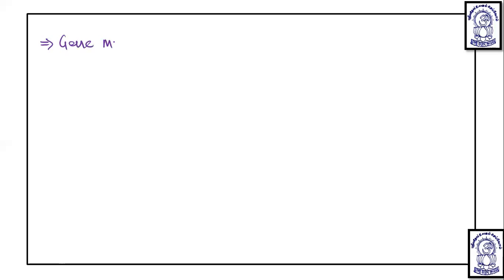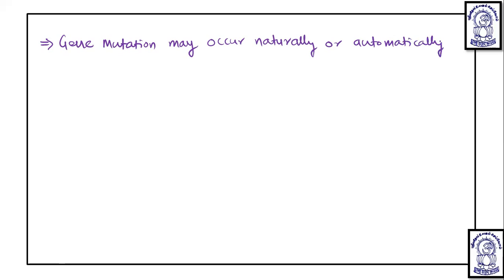We remember, gene mutation may occur naturally or automatically due to internal reasons. So either it is natural, or it is artificial by human interference or by some particular agent interference.